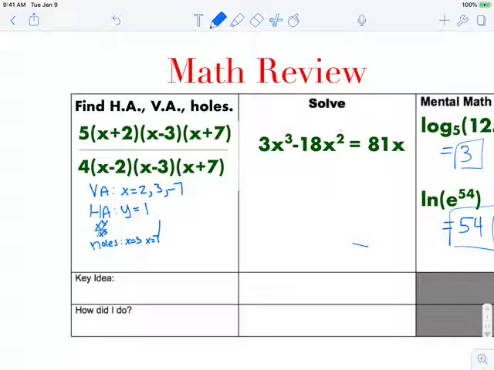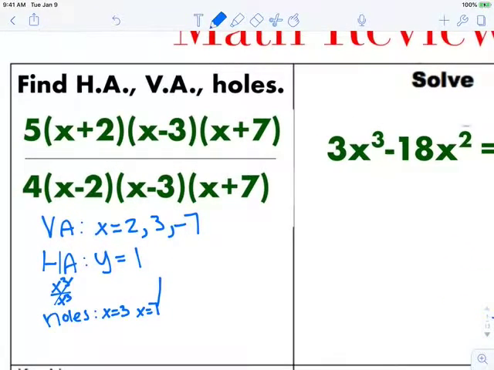Because they're holes. Right. So you want to cross off the 3 and the negative 7. Get rid of those two.